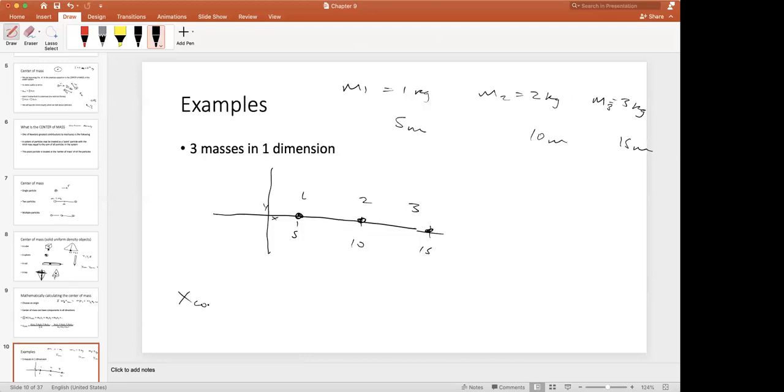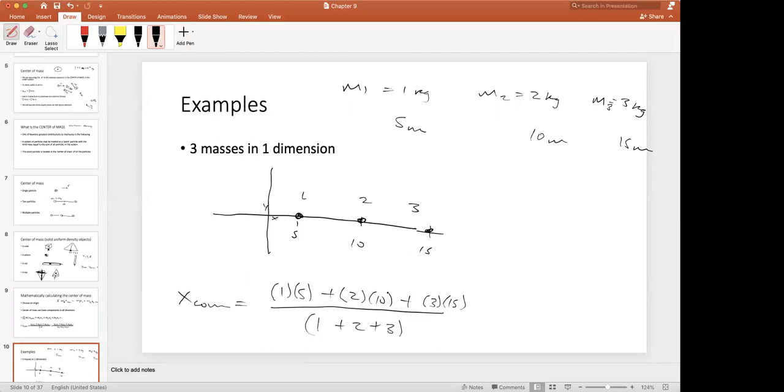So going back to here, we have the sum of our masses. Well, we have x COM is equal to m1 times x1, that's 1 times 5, plus m2 times x2, which is 2 times 10, plus m3 times x3, and this is over the sum of 1 plus 2 plus 3.